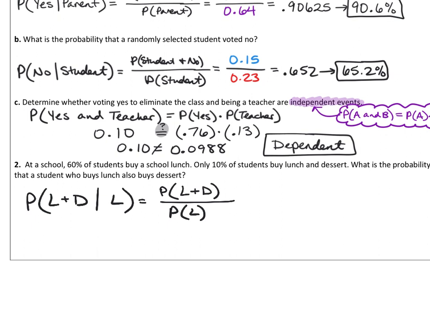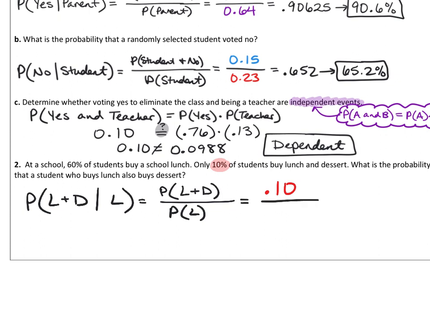What is the probability that a student buys lunch and dessert? In the sentence, what percent of students buy lunch and dessert? Thank you. 10%, but when we're using percentages, we don't put percents in problems. We change it back to a decimal, so we say 0.10.